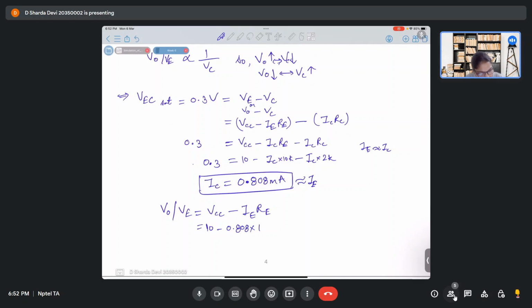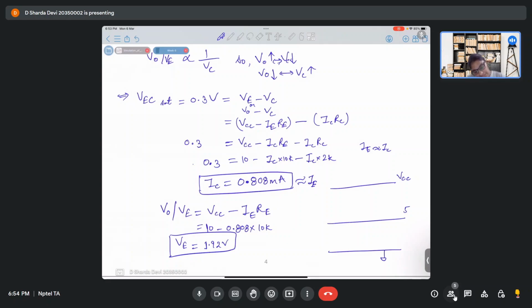So how much is the value of VE that we are getting? 1.9. To be very accurate, 1.92. So this is the VE that we are getting.